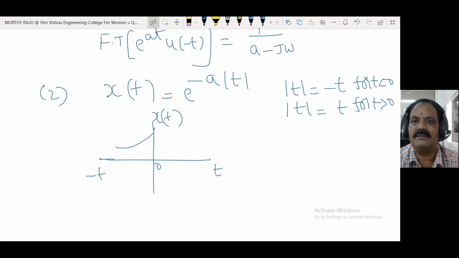For t less than 0, x of t is e power a t in that region.